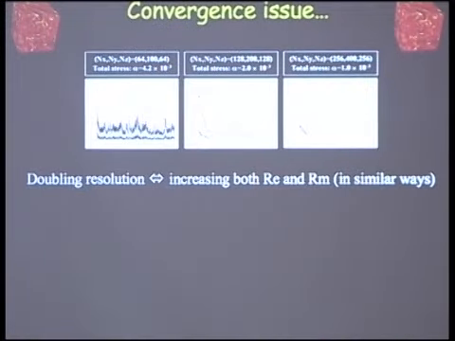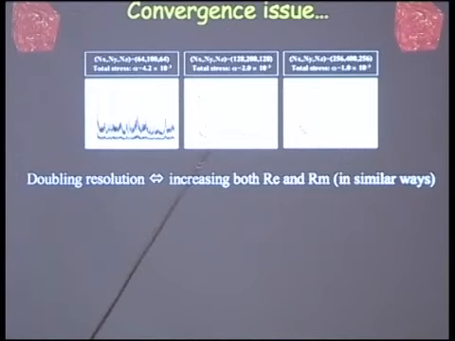Now let's come back to the convergence issue. Assume that it's not a numerical artifact, and that in fact what you're doing when you increase the resolution is that you decrease your numerical dissipation. And more or less, you expect that you decrease the viscosity and the resistivity in similar ways each time you increase your resolution.